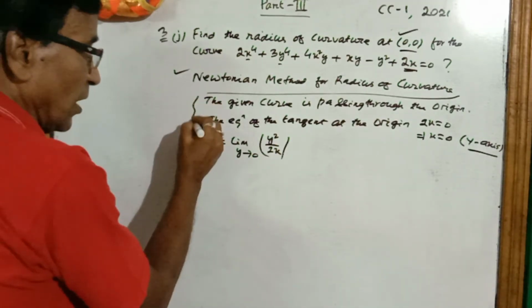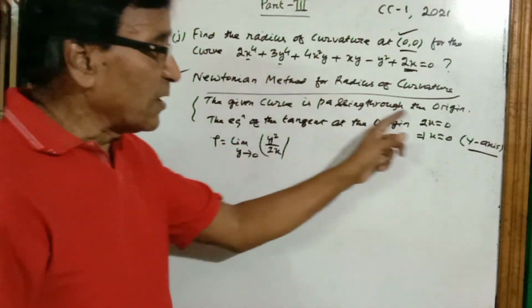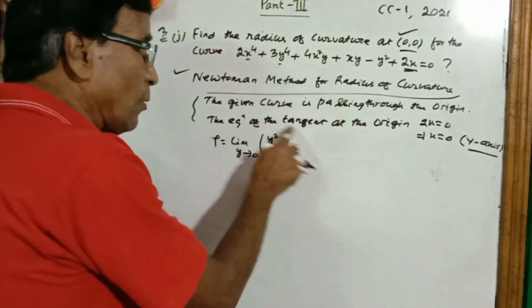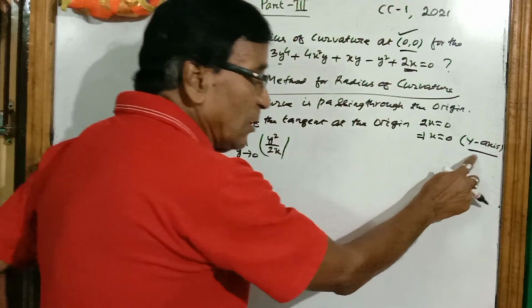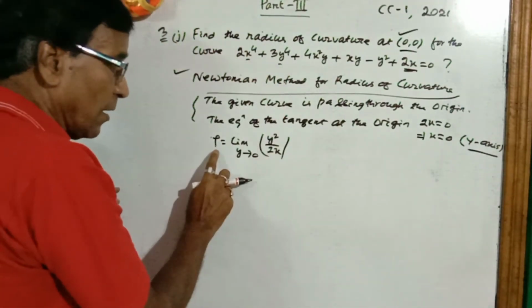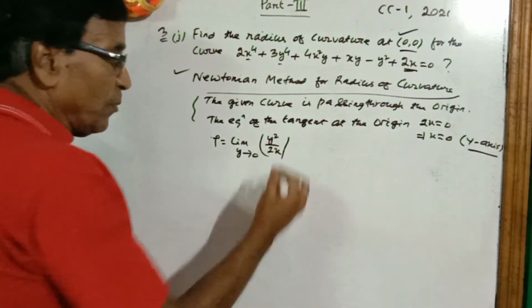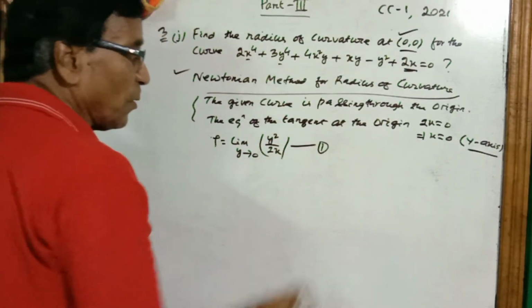If these two conditions are satisfied, you can directly find the radius of curvature as the limit y tends to 0 of y square by 2x. This is the formula for radius of curvature.